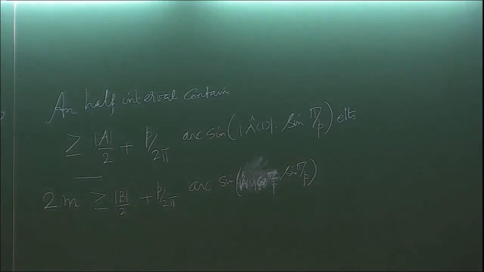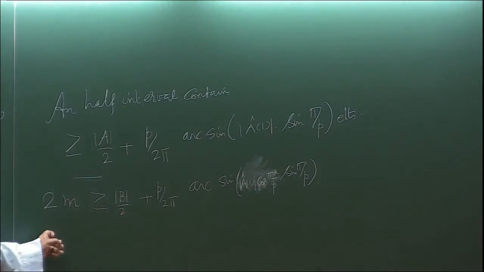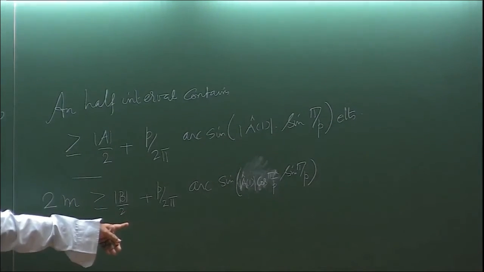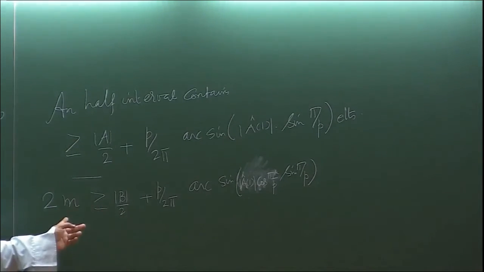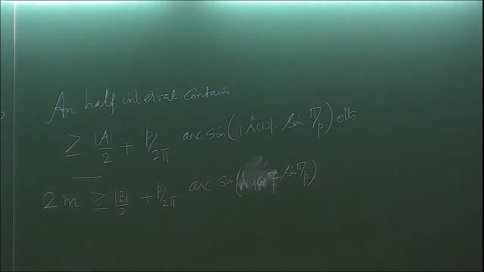Okay? This first of all implies that mu cannot be 0 and things like that, because if mu is 0, cosine pi mu by p is 1, and therefore the arc sine will be much bigger, and therefore this equality cannot hold. Particularly if m is small, that already forces your cosine pi mu by p to be small, which will force your mu to be big, and if you do the calculation, then you get mu is bigger than 0.158, which we claimed.